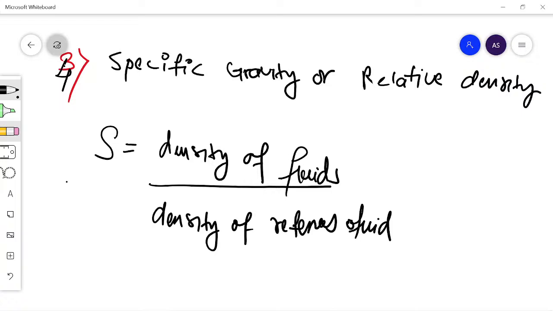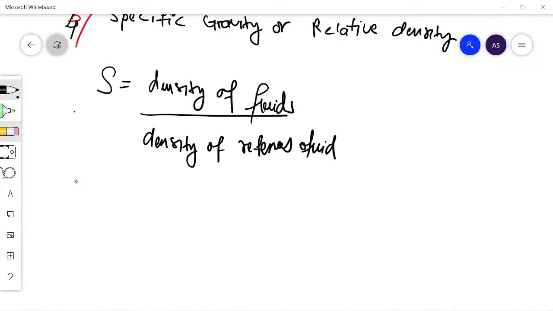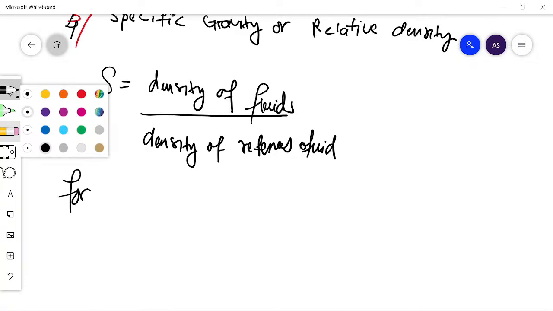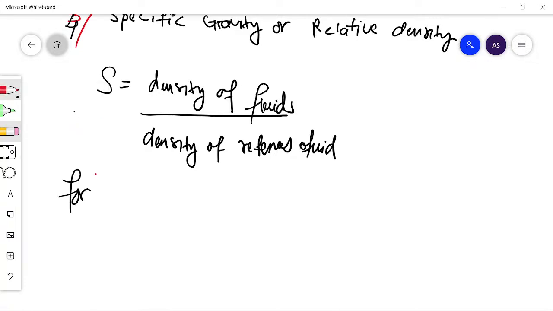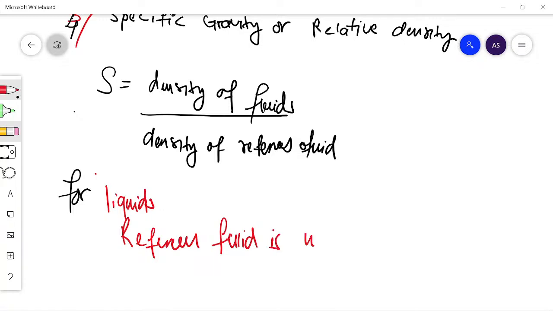For liquids, here we need to write another important thing. For liquid fluid, the reference fluid is water, so its density is 1000 kg per meter cube, or 1 gram per cc.